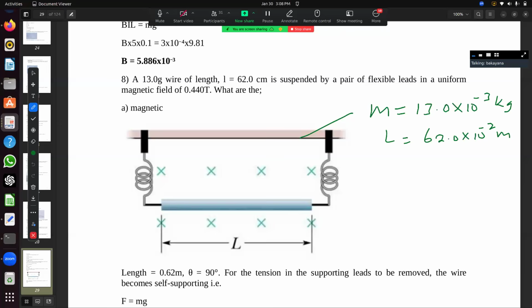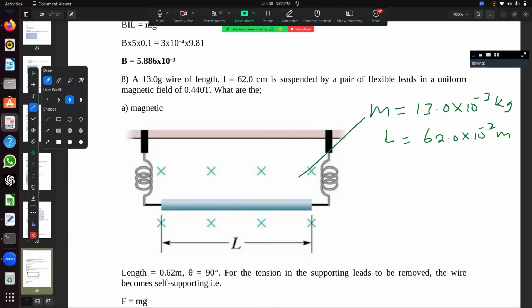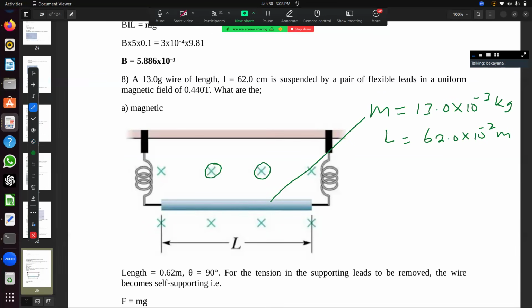Now for this wire to balance, the rod we are talking about is this one. The X means that there was a magnetic field entering into the paper in the region of magnetic field, and therefore magnetic field and current were crossing at 90 degrees. That's why you have theta as 90 degrees here.